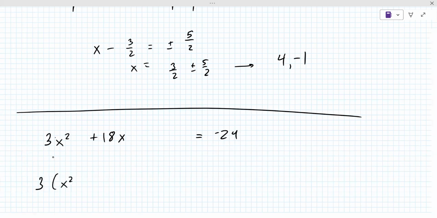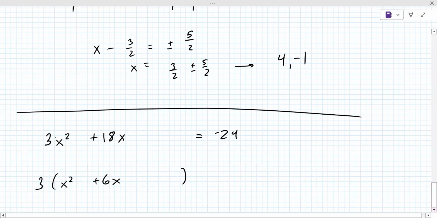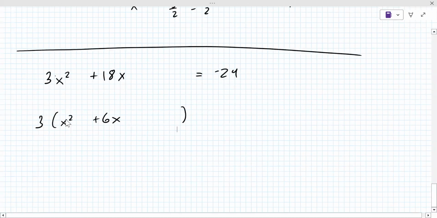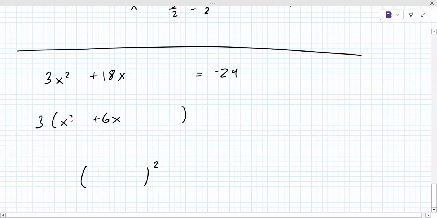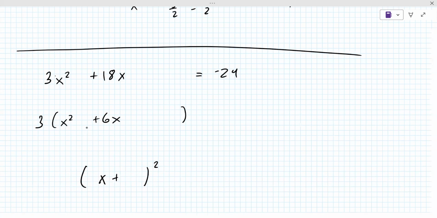This becomes x squared plus 6x, leave a space. The part inside parentheses should look a lot like what you've already done. Okay, so condense this for me. What does this become when you bring it down? What goes inside the binomial here? x plus 3. x plus 3.